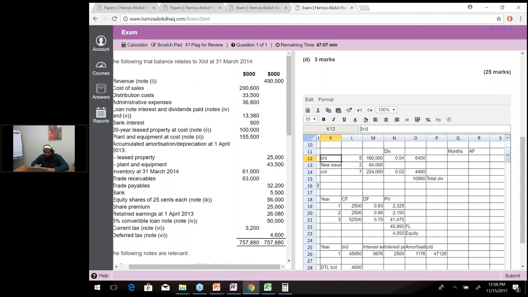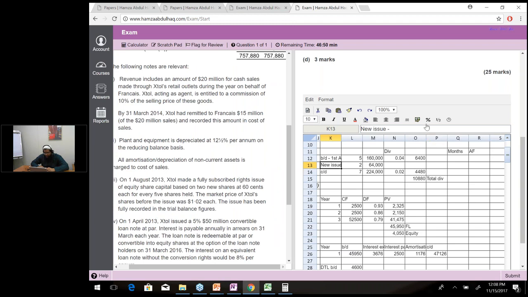The brought down was on 1st April 2013, and the rights issue was done on 1st August 2013, and the closing is on 31st March 2014.